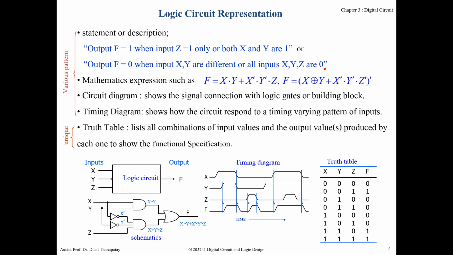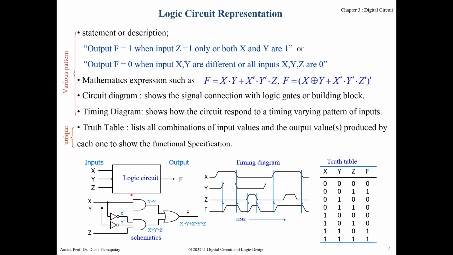Or you may write it as a mathematical expression: F equals X and Y, or X prime and Y prime and Z. Or you may write it with this expression: X or Y, or X prime and Y prime and Z prime, and then invert all of this.